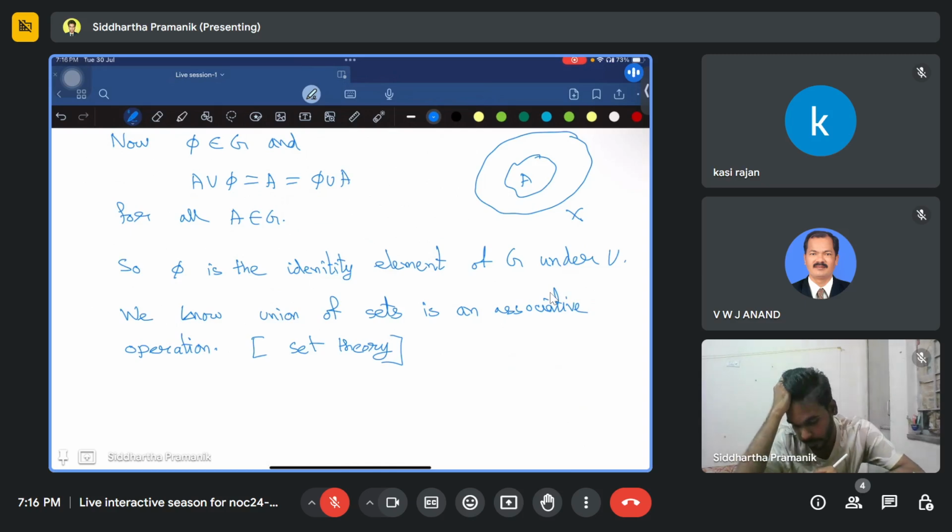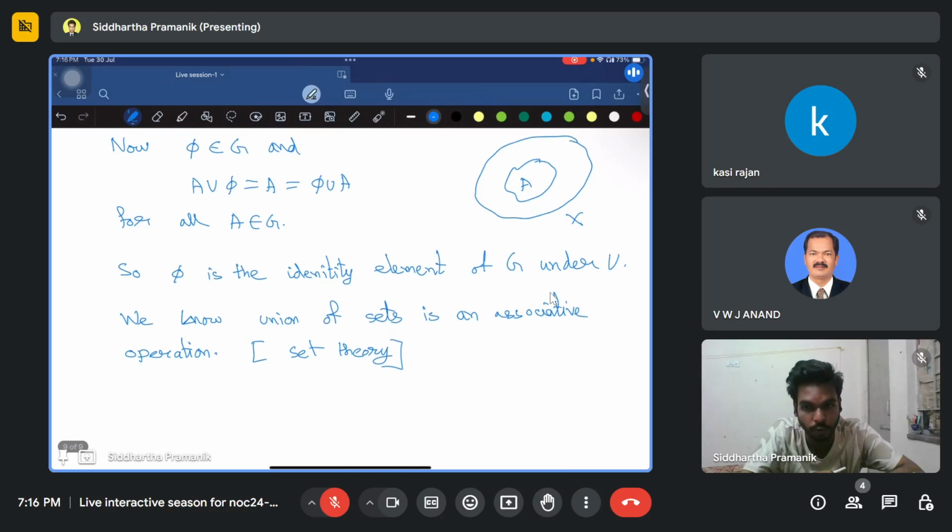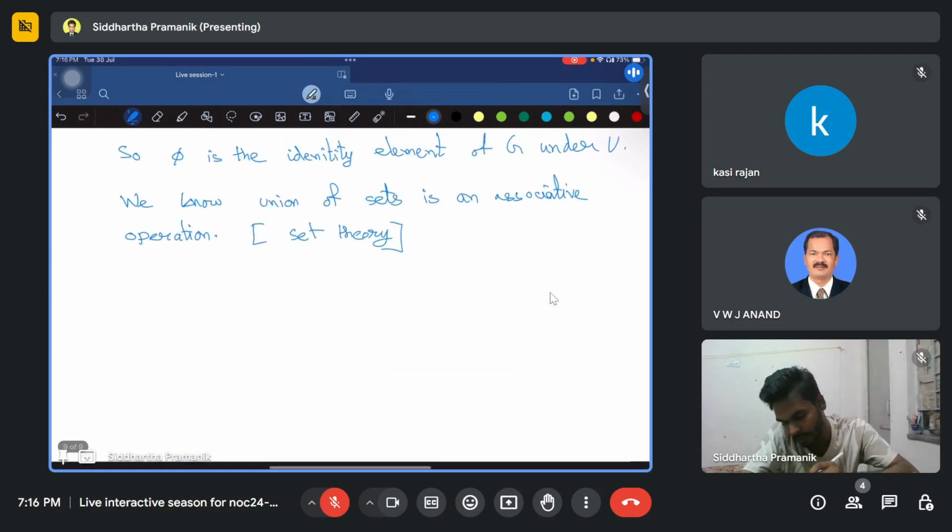As we have written in the question, it will not form a group, so the third property should break here. That means there exists some element which has no inverse in G. Let's try to figure that out.